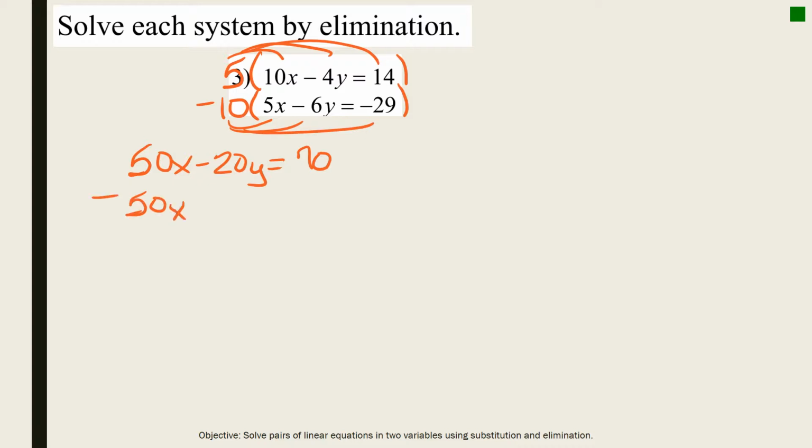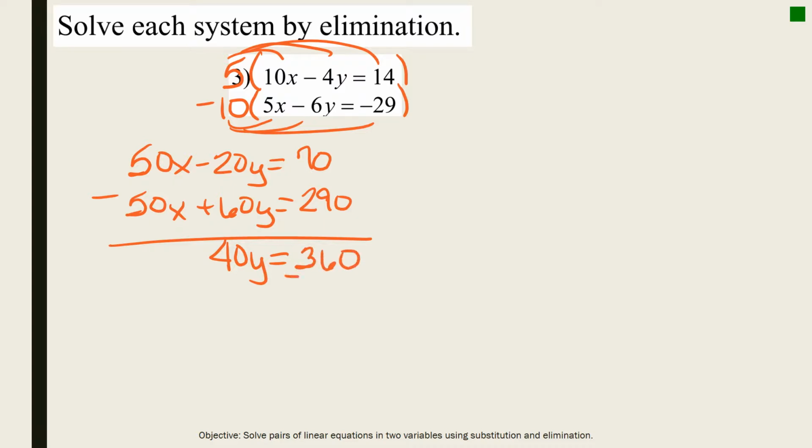Negative 50x plus 60y equals 290. When you add these up, I get 40y equals, I'm going to add, aren't I, 360? And then I'm going to divide by 40, so y is going to equal 9.